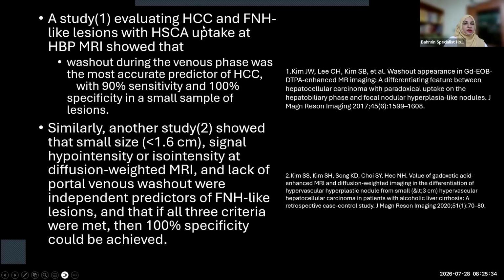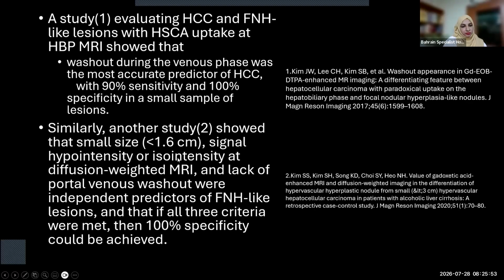In a study which evaluated hepatocellular carcinoma and FNH-like lesions with the hepatocyte-specific contrast agent, they found that washout during the venous phase was the most accurate predictor of HCC, with 90% sensitivity and 100% specificity in a small sample size.